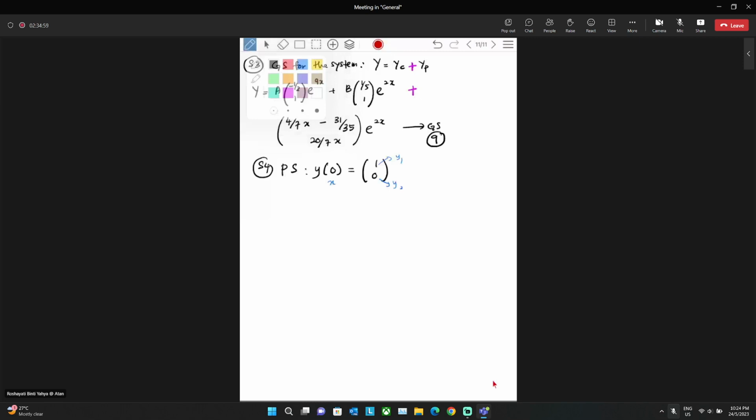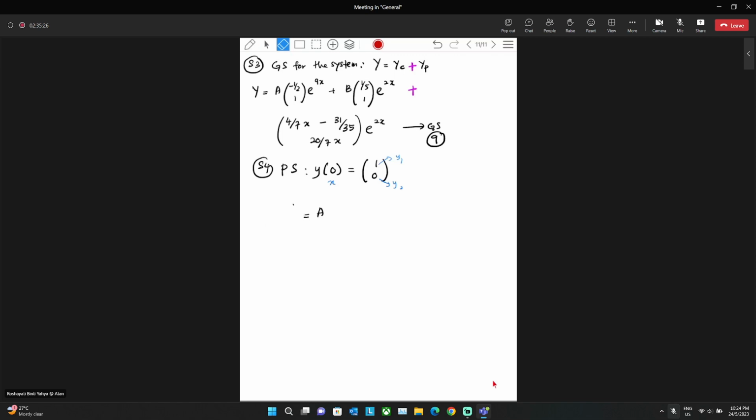We can also write it like this: y1, y2 equal to 1, 0. You can use a few methods.